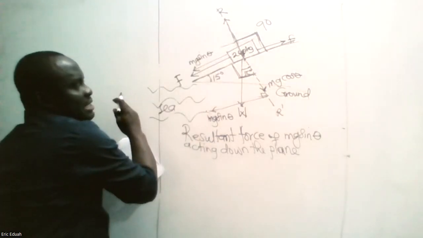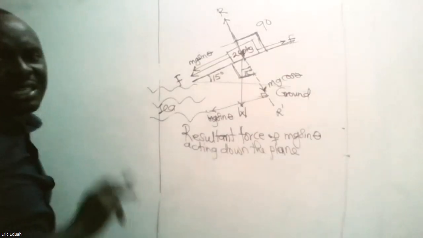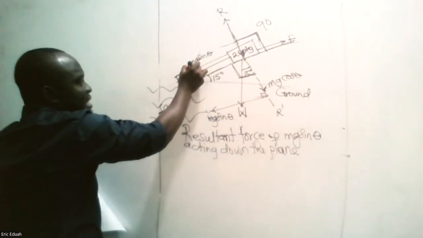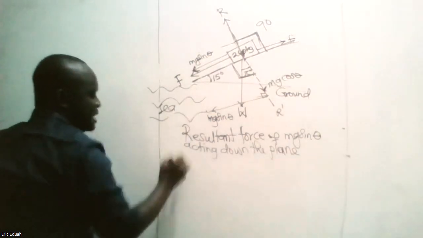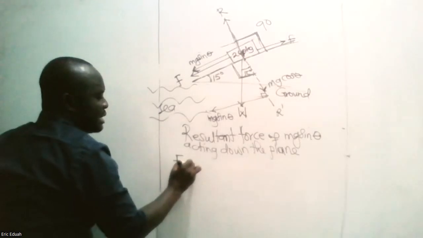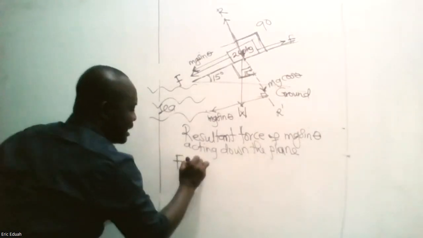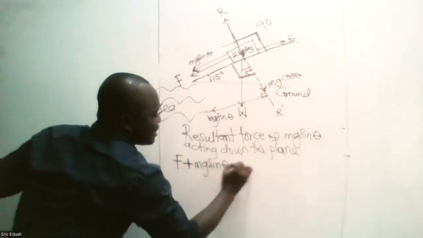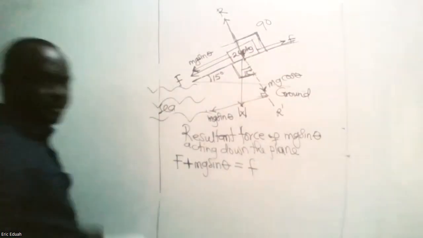Total forces acting down must be balanced by the total forces acting upwardly. So the sum of forces acting down the plane, we have the force pulling it F plus the everyday existing mg sine theta, and this must be balanced by frictional force.